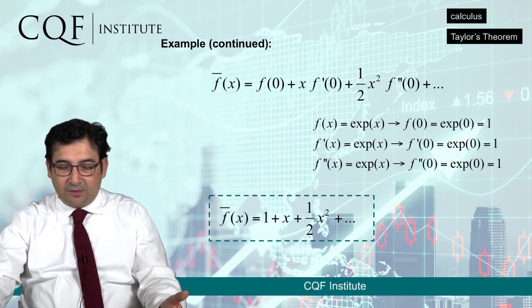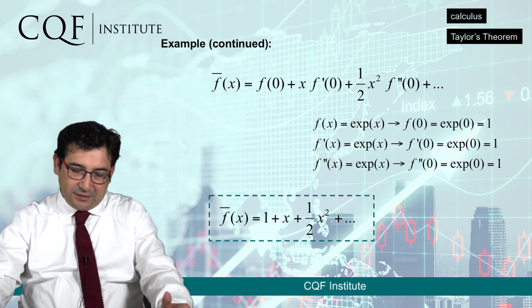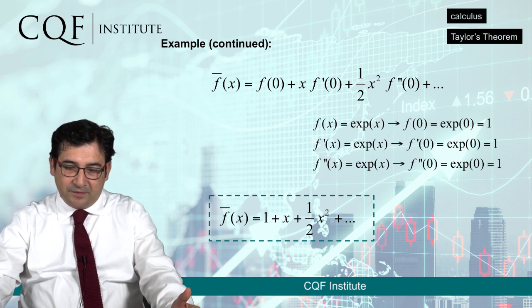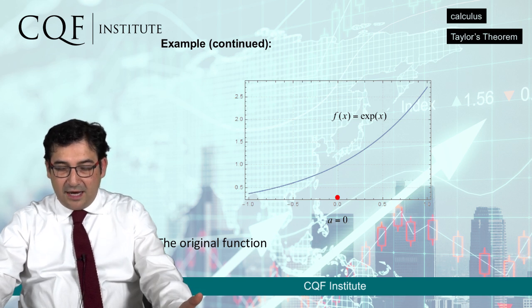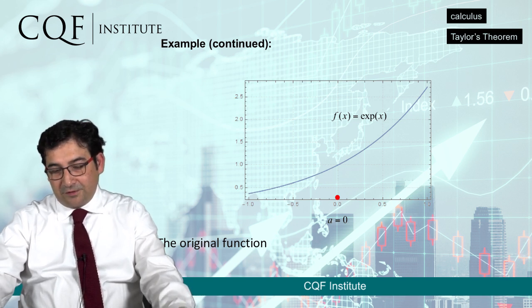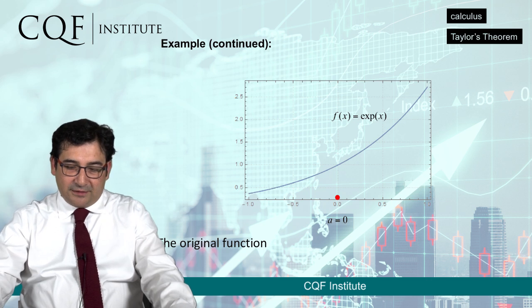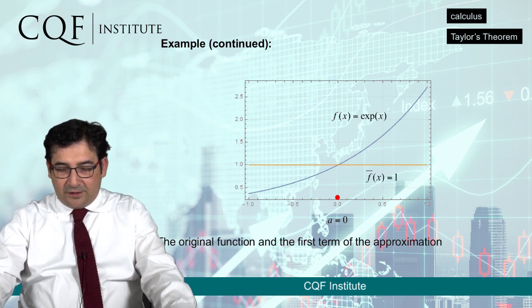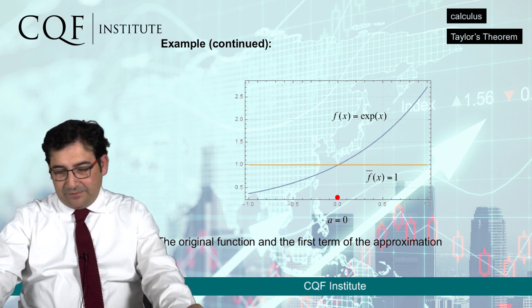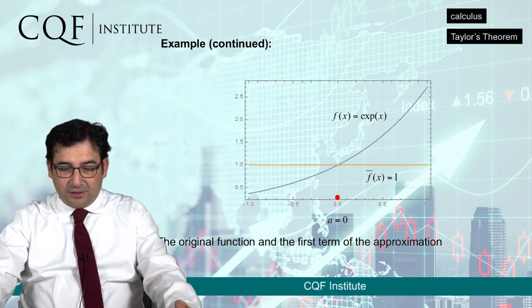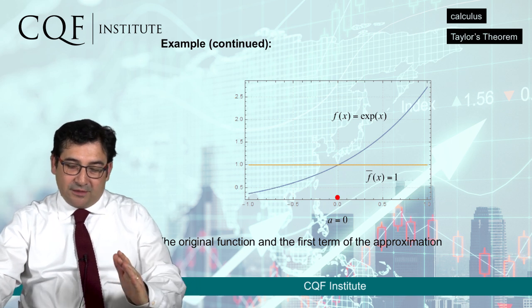This approximated polynomial, we have it here in the dashed box at the bottom, and in fact if we look at the original function, the exponential, around the point a equals 0, which is the point of interest, if we use one term or the first term of the approximation, well, we have the same values, but the slope is completely different.